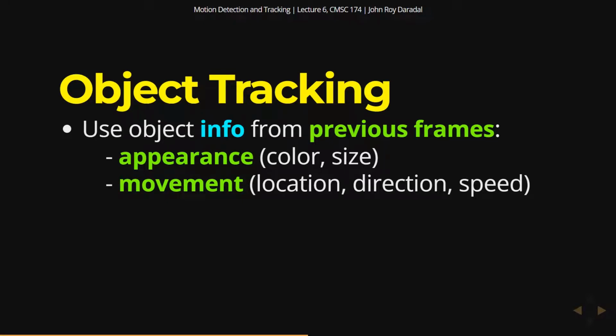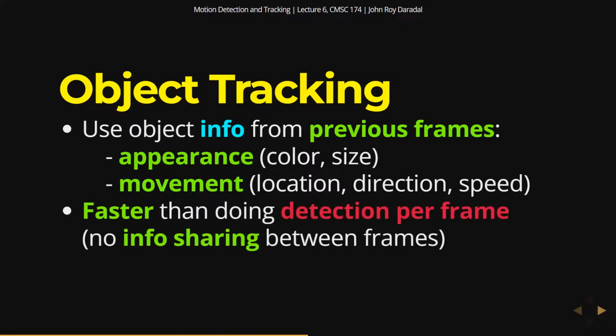If you saw it in the top left in the previous frame, then it would be around that area in the next frames. And the direction it is going and the speed of its movement, you can also infer and learn about. So we use information about the object from previous frames.